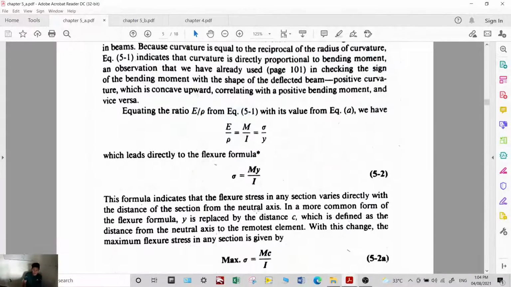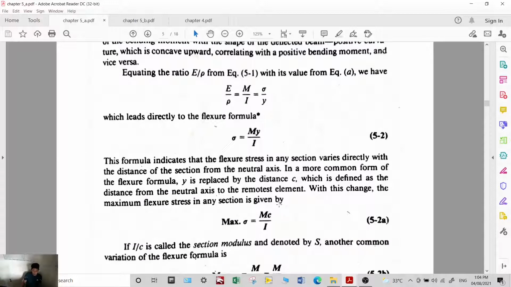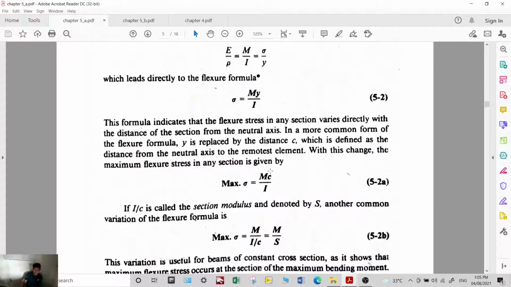Anyway, every shape has its own equation for moment of inertia. If you want to get the maximum stress, use c instead of y. What is c? It is defined as the distance from the neutral axis to the remotest element, the outermost element.